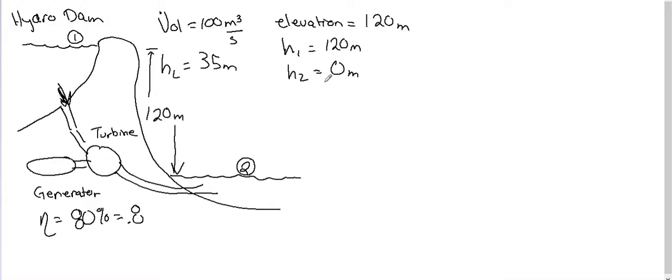Okay, we've got the total head loss and the efficiency, and it asks us now to estimate what the electric power output would be. So the question for this is, we want to know here, what is the power output of the system? Okay, and so we're given now the volume flow rate.